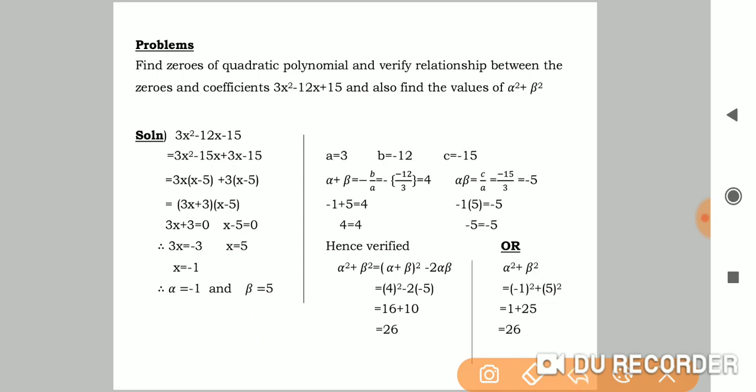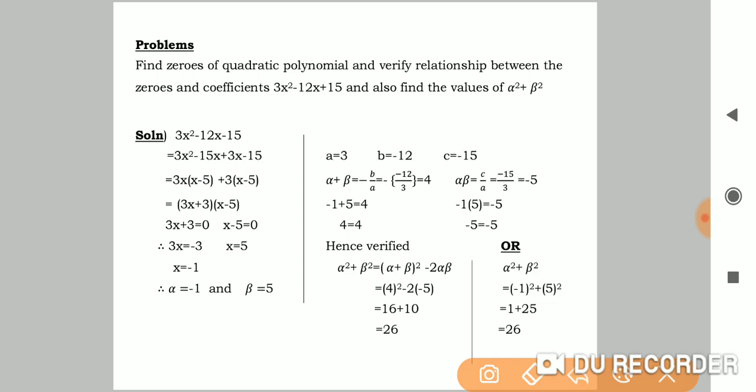So once we have got this, we need to use the grouping method, that is these two and another two. From these two we can take 3x as common. So 3x, when you take out common, you get x minus 5. Again in this second group you get 3 as a common, so plus 3 into bracket of x minus 5.